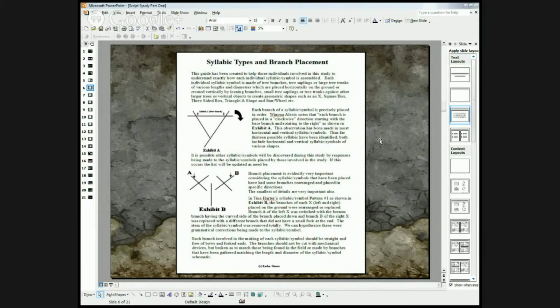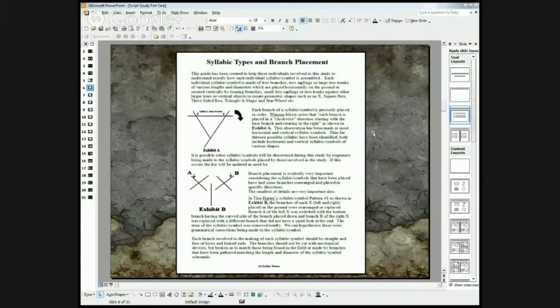Branch placement is evidently very important considering the syllabics that have been placed have had branches rearranged and placed in a specific direction. The smallest of details are very important also. In Tina Harder's syllabic symbol pattern 1, which is Exhibit B here to the left, the branches of each X, the left and the right, placed on the ground were rearranged or replaced.